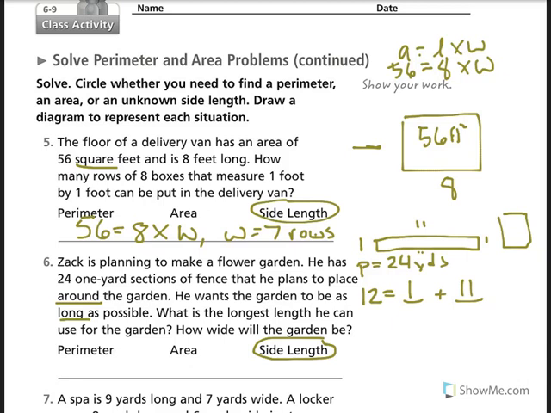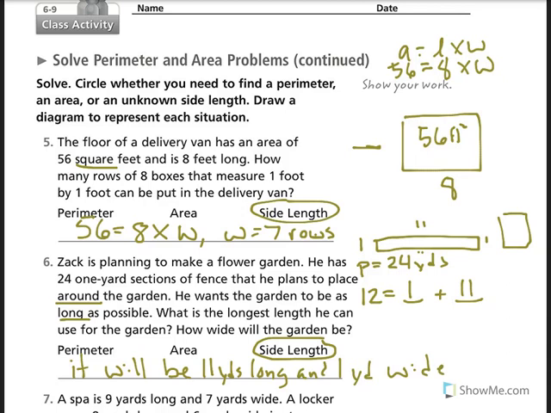Yeah, that'll be 24. So it will be 11 yards long and 1 yard wide.